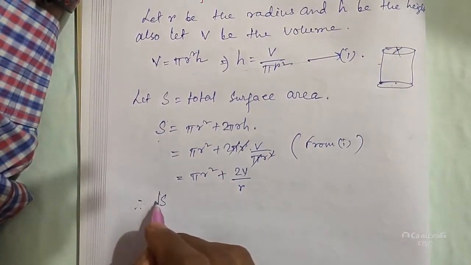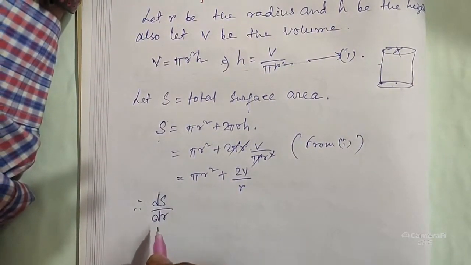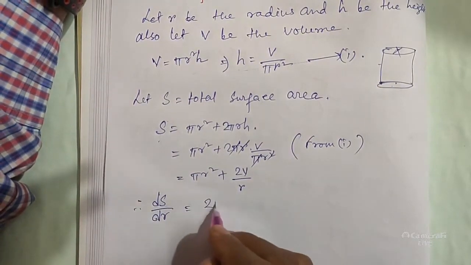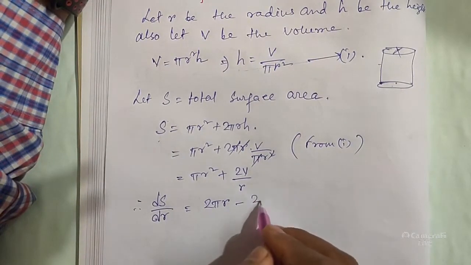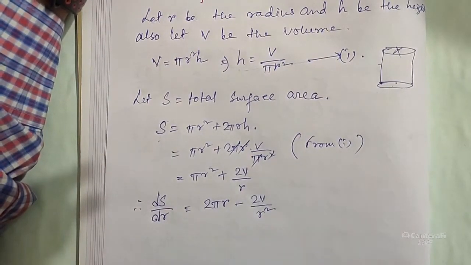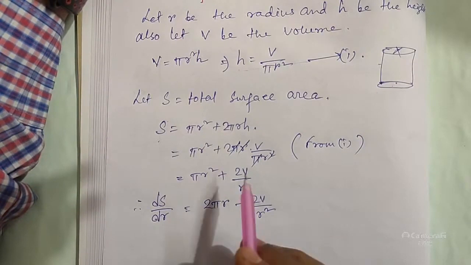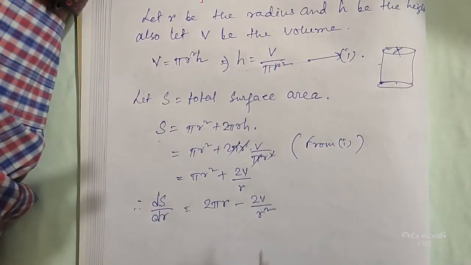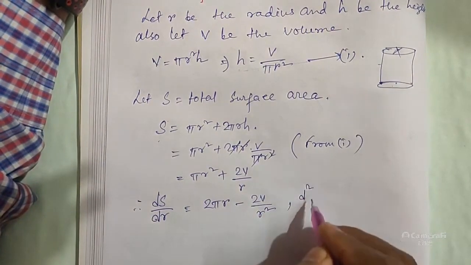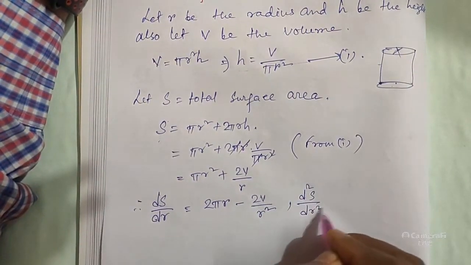Therefore dS by dr, differentiating with respect to r, we are getting 2 pi r minus 2V by r square, since d by dr of 1 by r is minus 1 by r square. Again we have to differentiate for d2S by dr2.